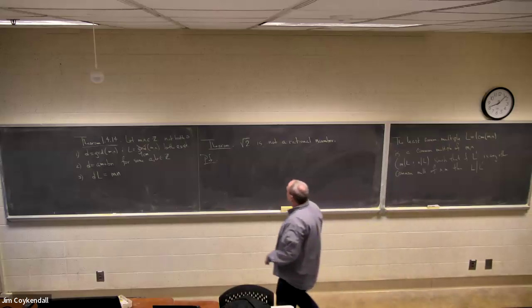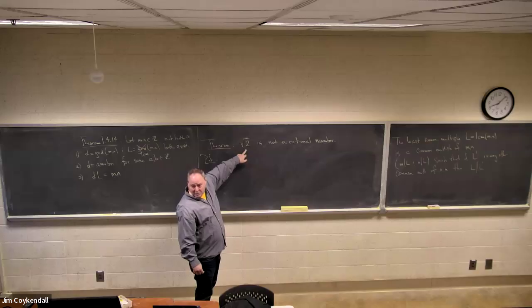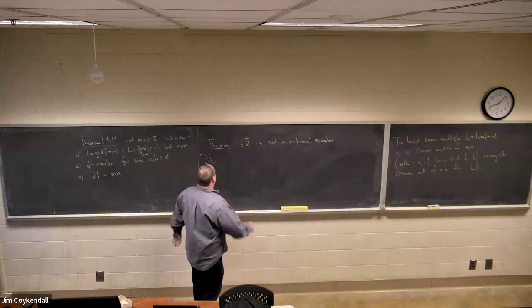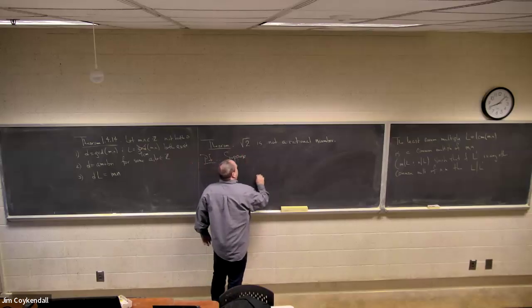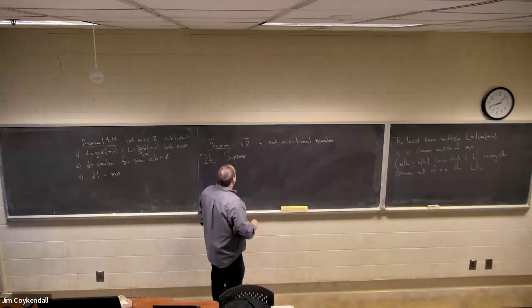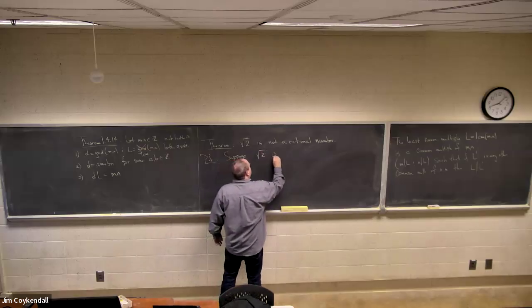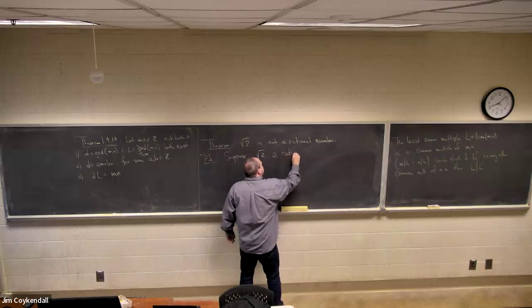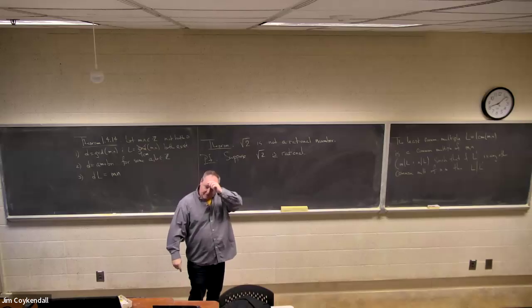Let's suppose, well, it's either rational or it ain't, right? So let's deny this. Suppose radical 2 is rational. And let's reduce to something ridiculous from it.